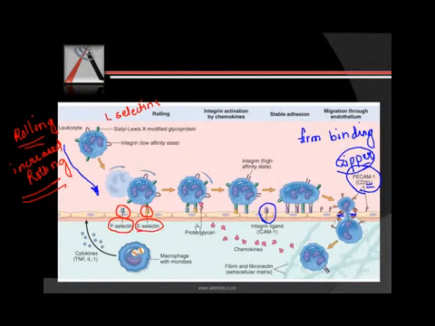So if we summarize, normally the blood vessel walls are inspected by PMNs by rolling. This rolling is increased because of the expression of P-selectins and E-selectins. So increased rolling is because of selectins. Then we have integrins, which cause firm binding. After that we have the zipper molecules or PECAM-1.